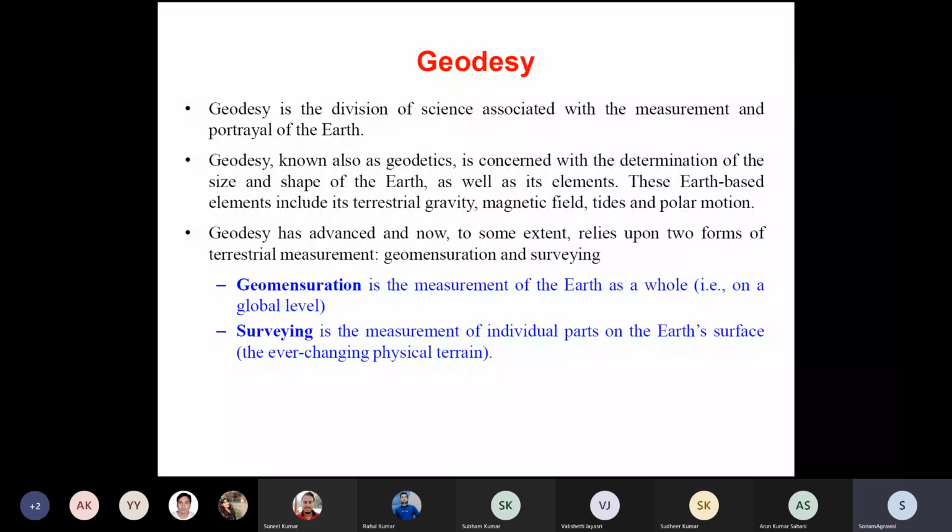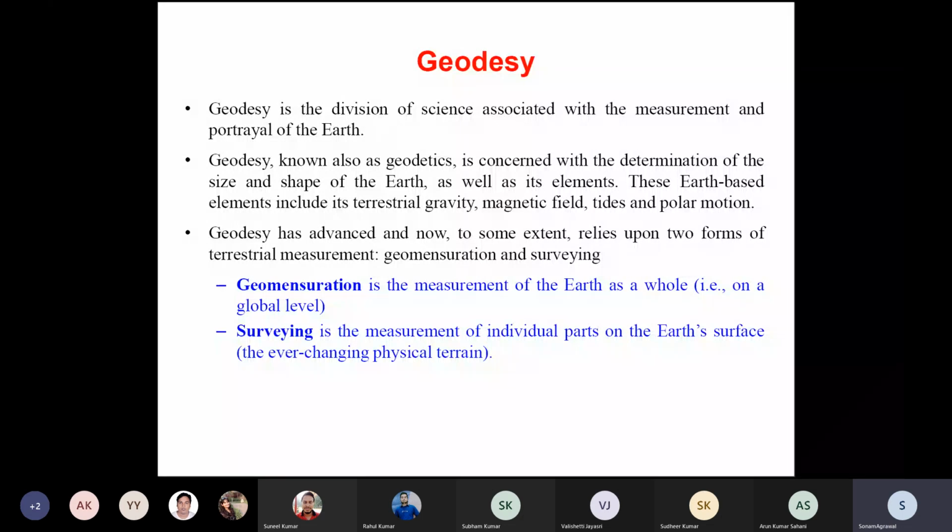Okay. So basically, in simple words, geodesy is all about the measurement of the Earth and the related elements. There are two terms, geomensuration and surveying. When we say geomensuration, it means we are measuring the earth as a whole, working at the global level.